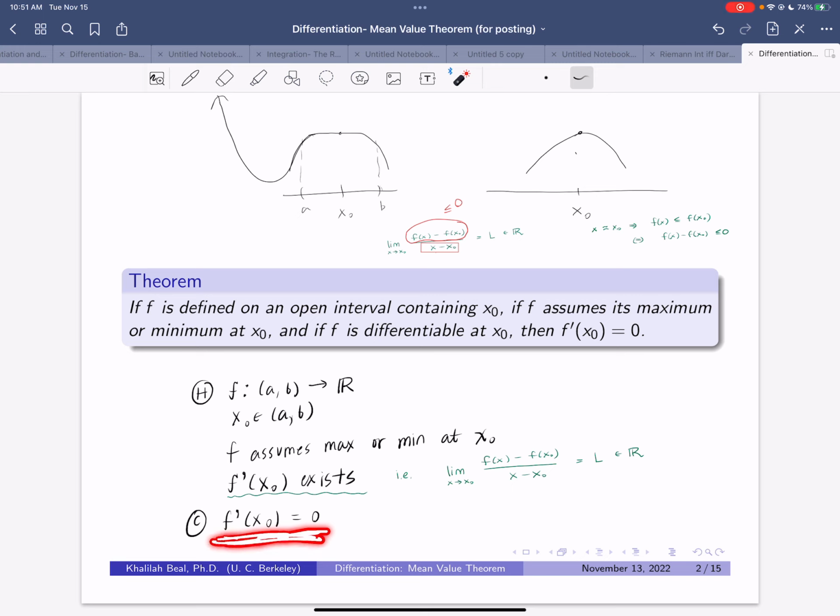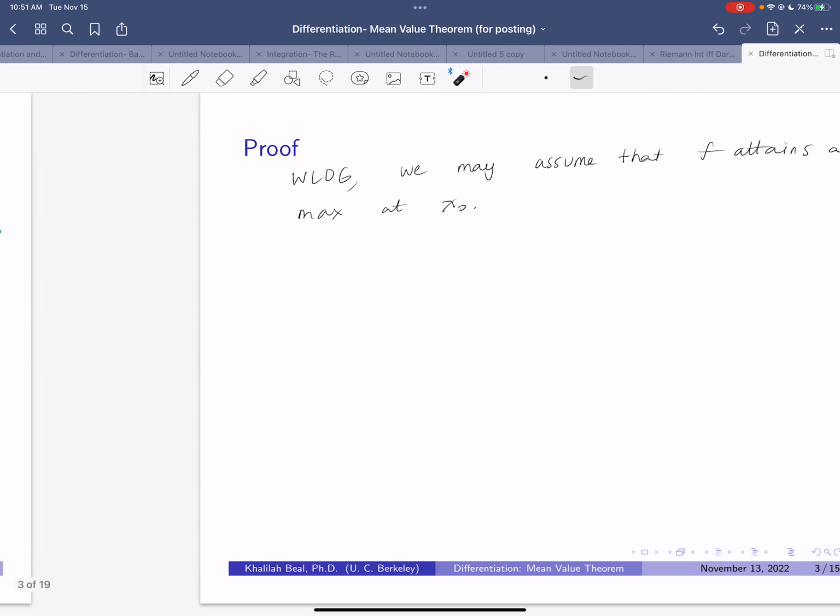Suppose f prime of x naught is not equal to 0. Or we don't have to do proof by contradiction. We can just look at this difference quotient and show that it converges to a real number. Sometimes the difference quotients are positive, sometimes they're negative, so the only limit you could have would be 0.